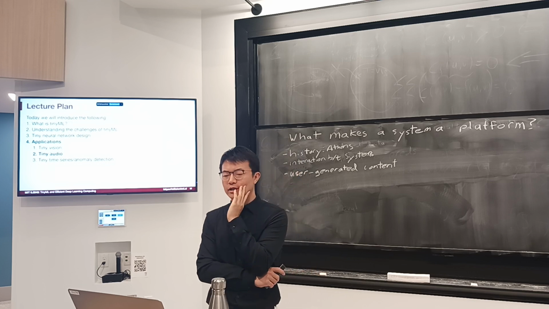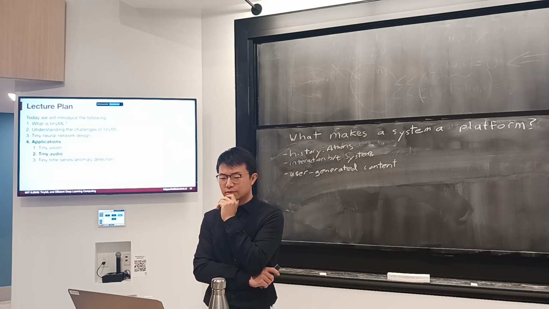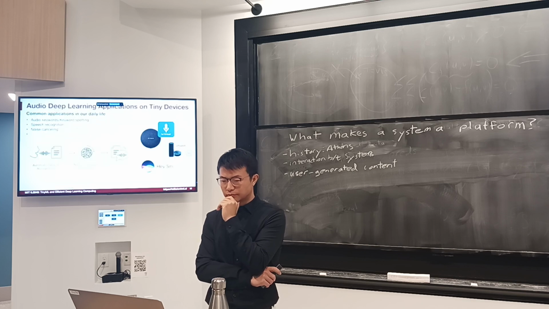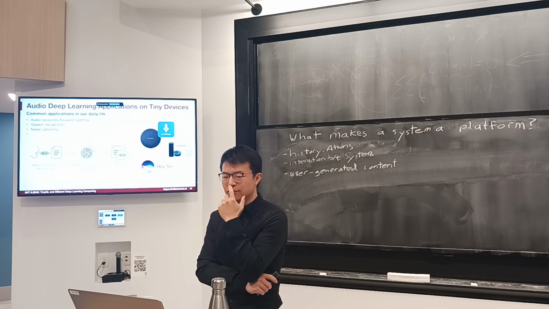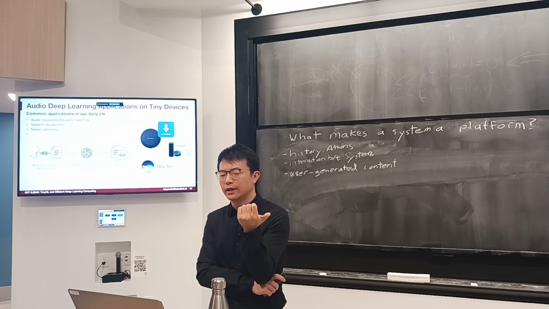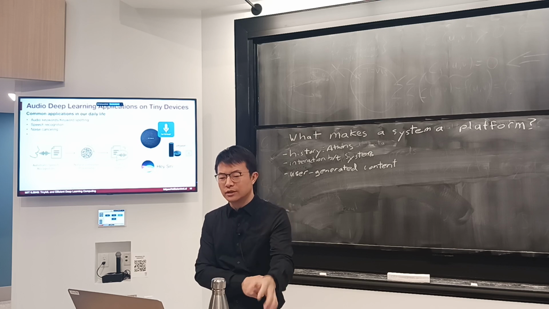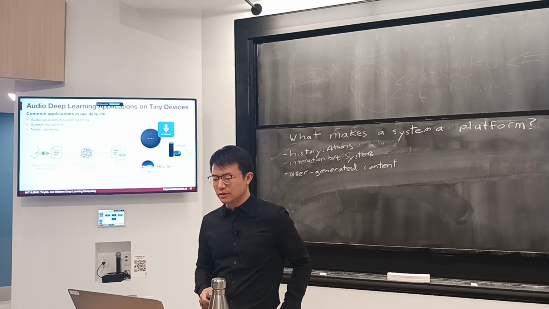We can also apply it to tiny audio tasks. So audio is a very common application in our daily lives. Like we can do audio keyword spotting, like hey Alexa, okay Google, hey Siri, etc. For speech recognition, for noise cancellation.